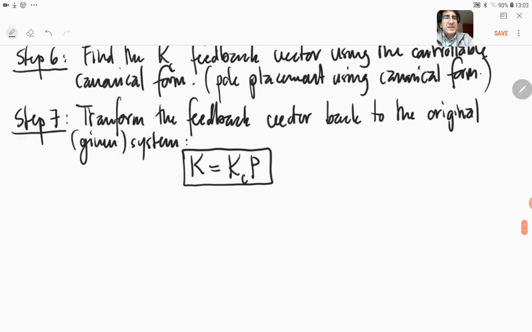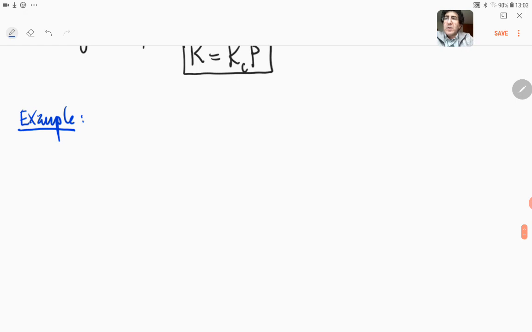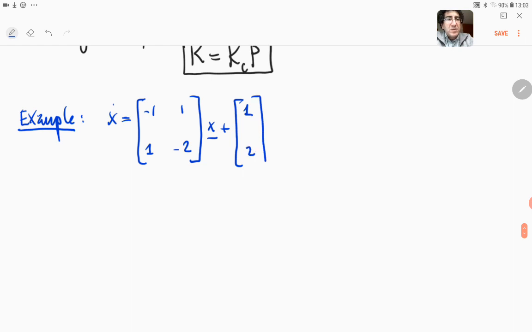So the system is given, in a numerical example, x dot equals minus 1, 1, 1, minus 2, x plus 1, 2, u. Here I have used x because this is the usual variable used when you specify the system.